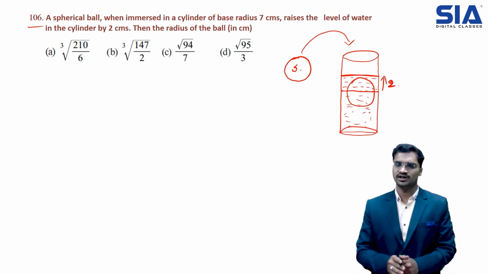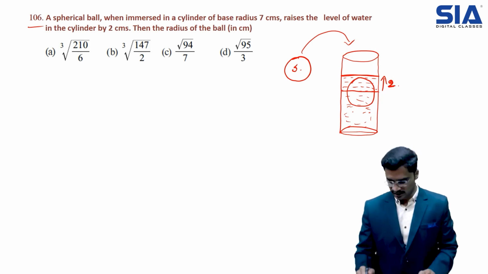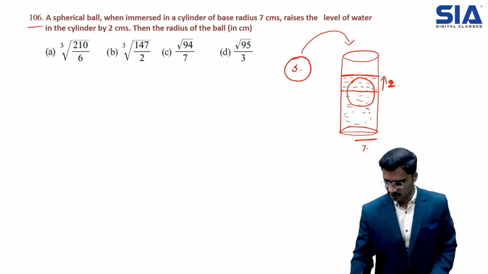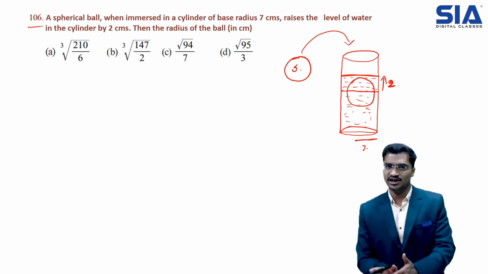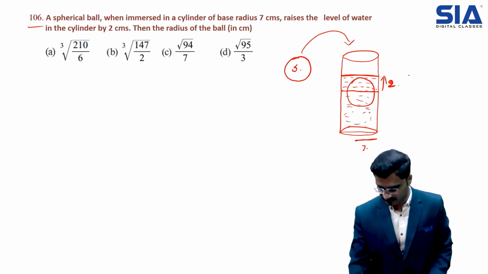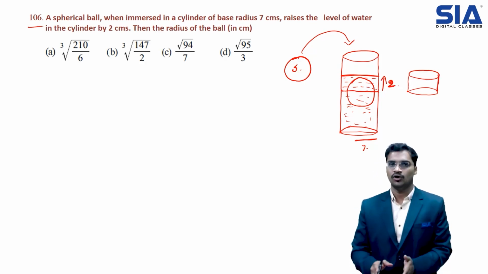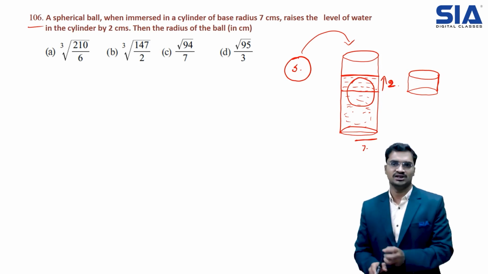So let us separate this increase of volume on the other side, in another cylinder. This volume is nothing but the increase of volume in the cylinder when the sphere is inserted.